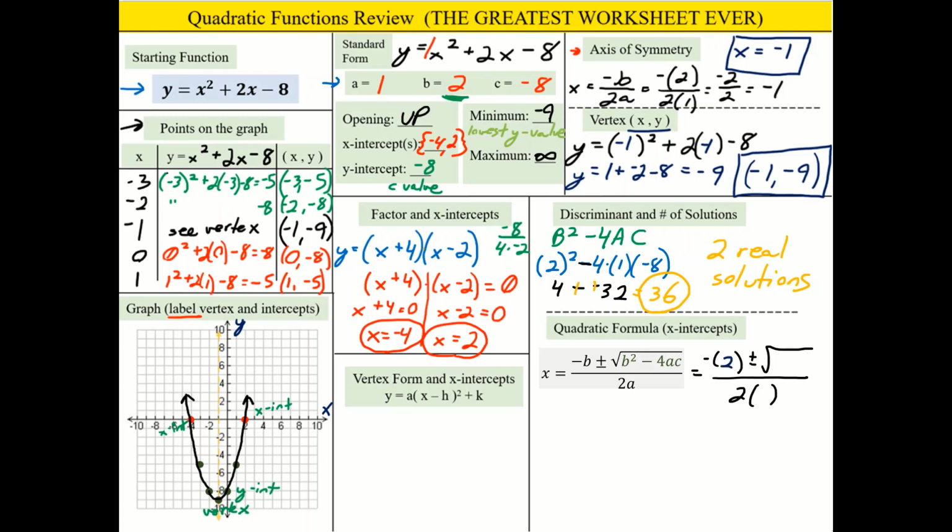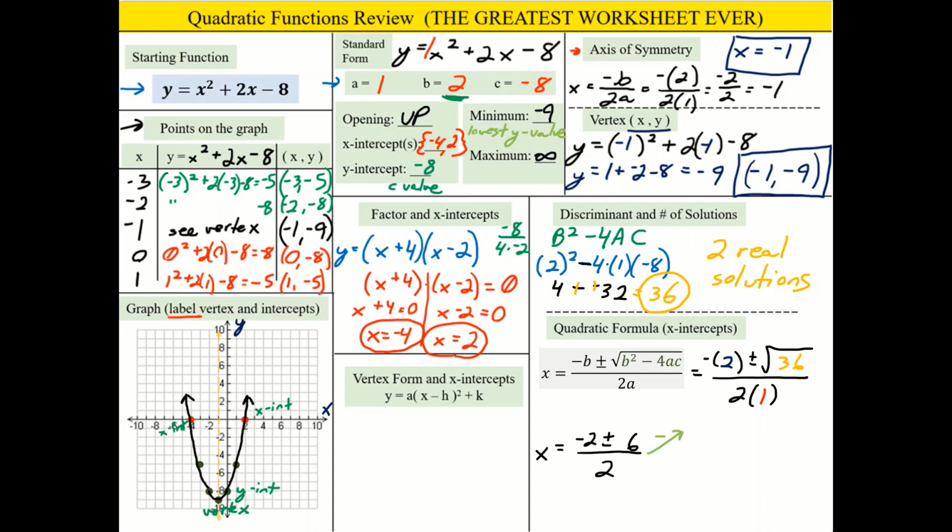The discriminant was 36, so I can just take that from earlier. And I have a is 1. All right, so continuing this, we have x equals -2 plus or minus square root of 36 is 6 divided by 2.